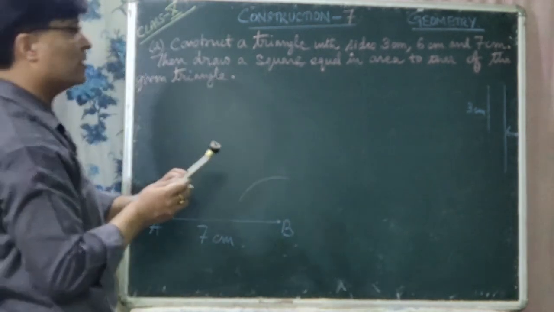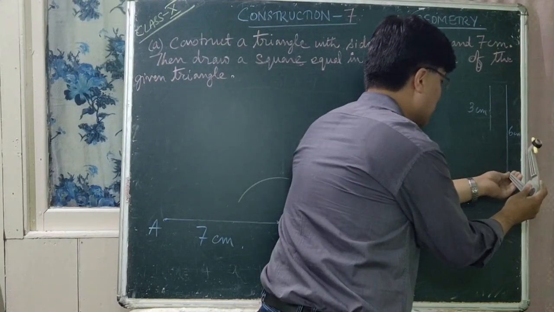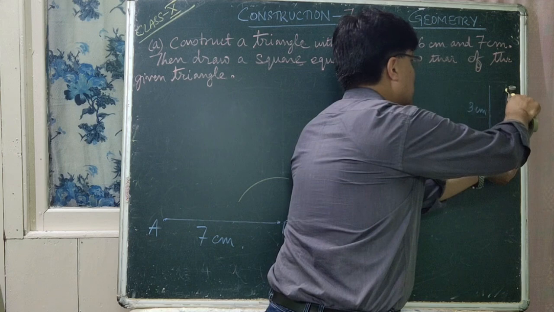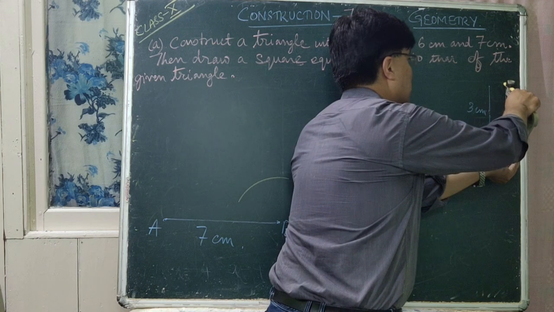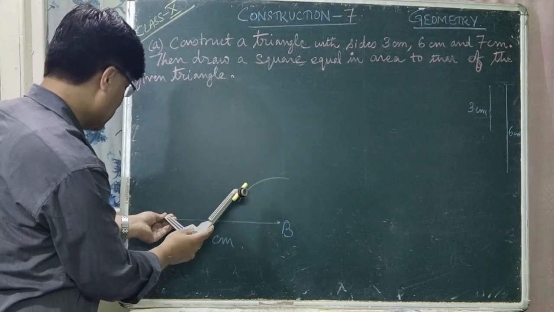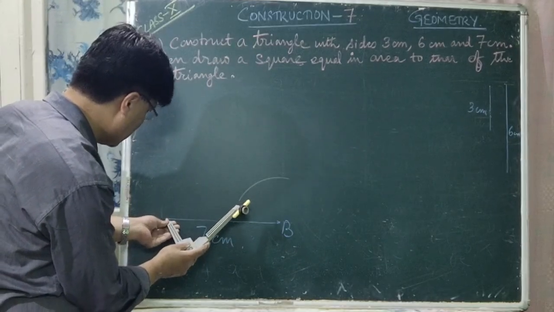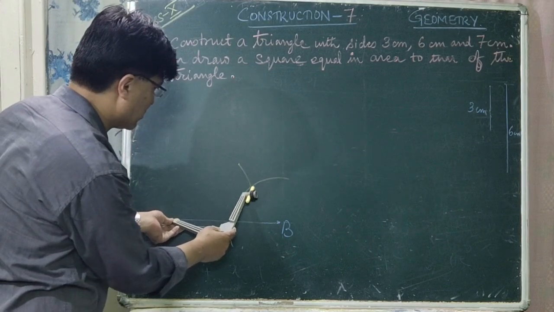Now measure the length of 6 centimeter. The pointed needle is kept at this point and we measure 6 centimeter. Now keep the pointed needle at point A and draw an arc.